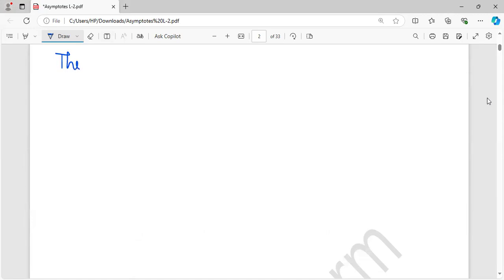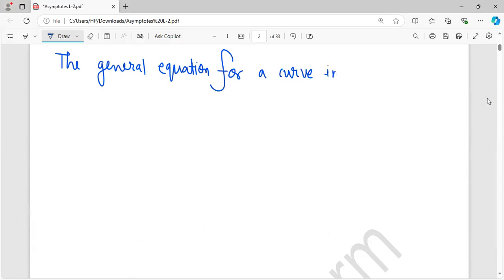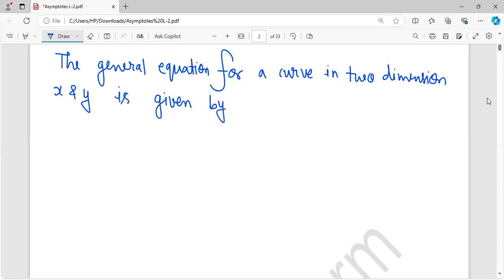The general equation for a curve in two dimensions x and y is given by g(x, y) = 0.